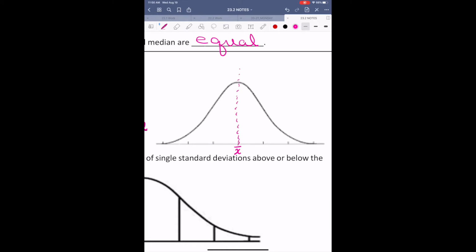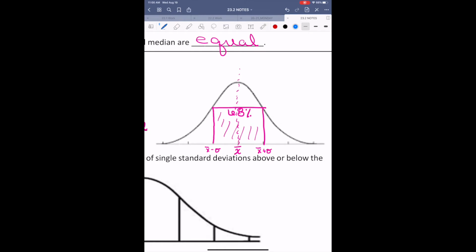Now, within one standard deviation means we take the mean and we subtract one standard deviation to the left, and we take the mean and we add one standard deviation to the right, okay? All of the data that falls within this portion here is going to make up 68% of the data.